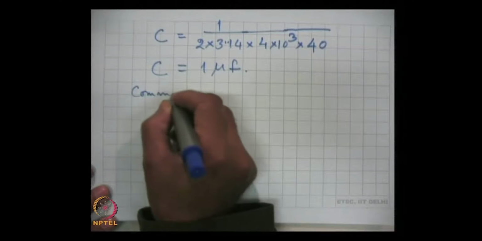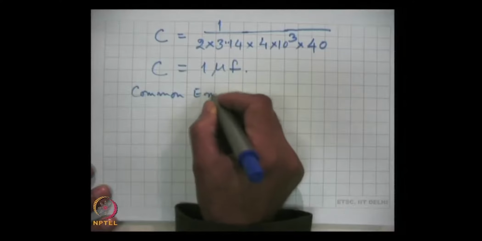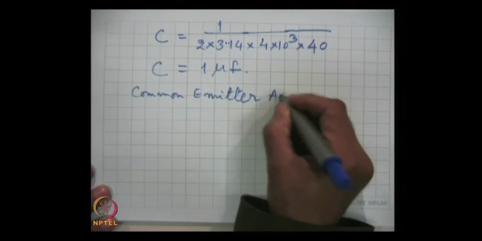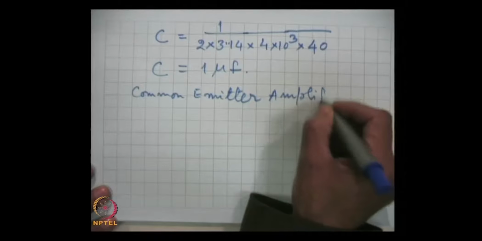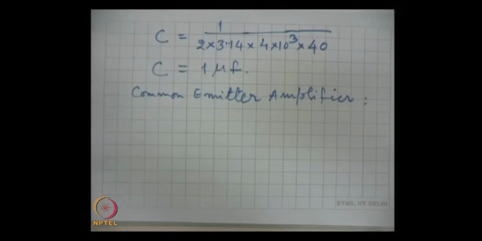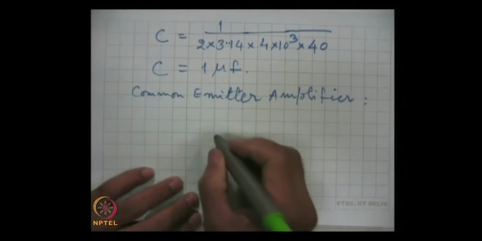So, let us take the case of the common emitter amplifier. The circuit is this.